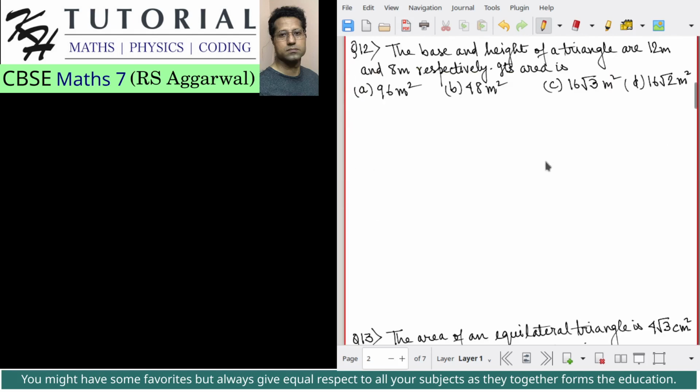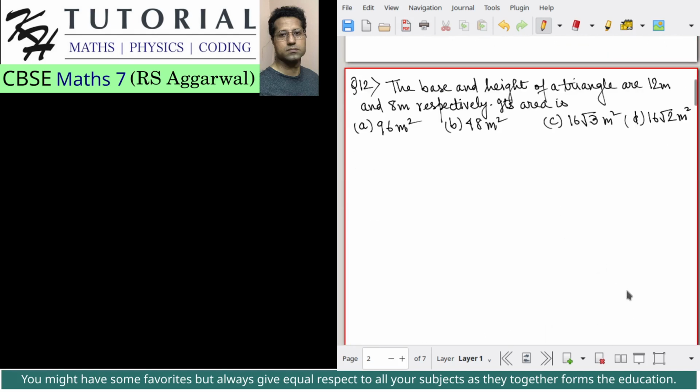Question number 12. The base and height of a triangle are 12 meter and 8 meter respectively. Its area is. So this is a direct application of the formula of area of a triangle as half into base into height.